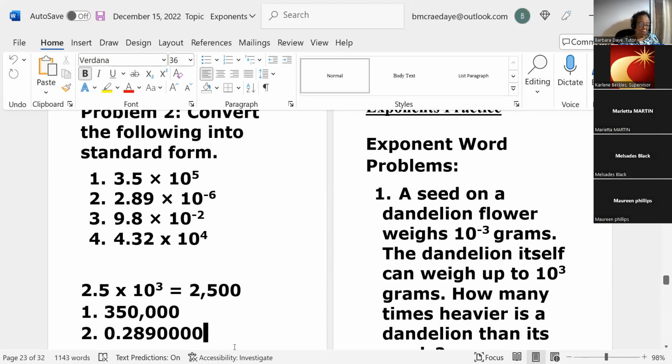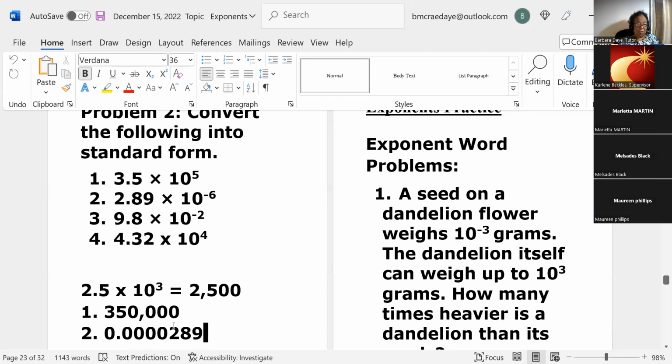Well, actually, no, it's not right, because the zeros would have to go in front. Remember, this is a decimal. So if you move it 1, 2, 3, 4, 5, 6, then that would be 2.89 times 10 to the -6.